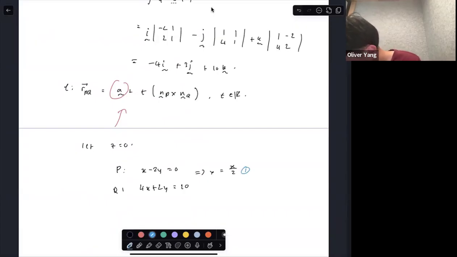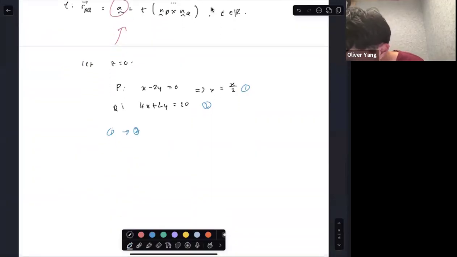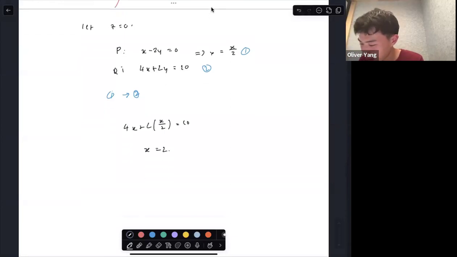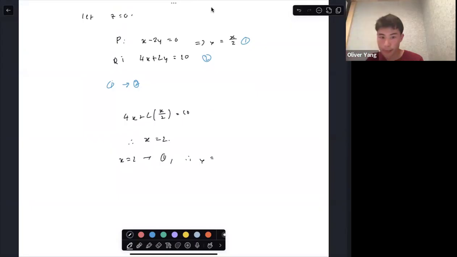So you've got your equation 1, equation 2. Putting 1 into 2 gives 4x plus 2 times x over 2 is 10. Therefore x equals 2, right? And then we resubstitute x equals 2 into one of them.